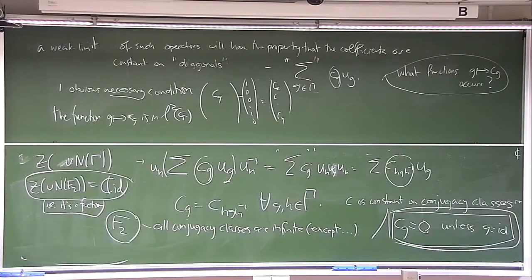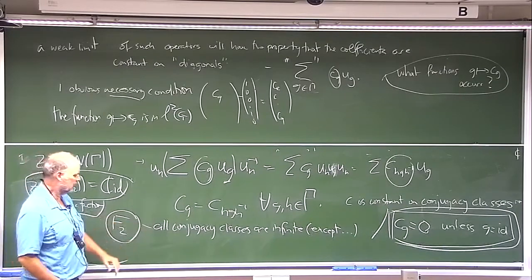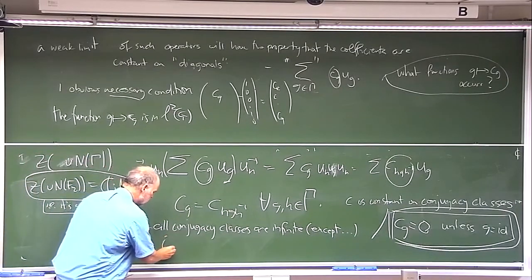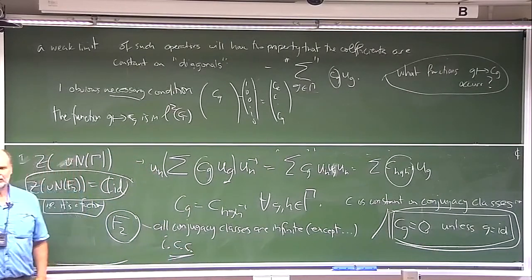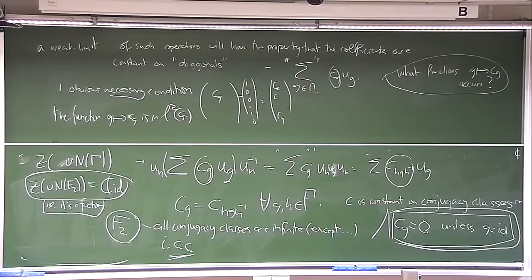Right, the only property of the free group that we used was this all conjugacy classes being infinite, and that's generally abbreviated ICC. If you take your favorite non-commutative group, it will almost certainly, up to something trivial, have infinite conjugacy classes.